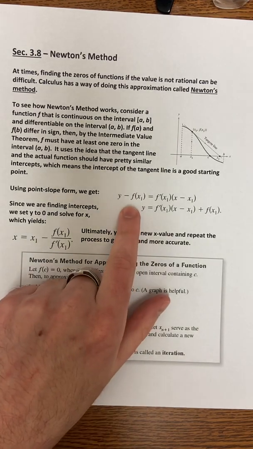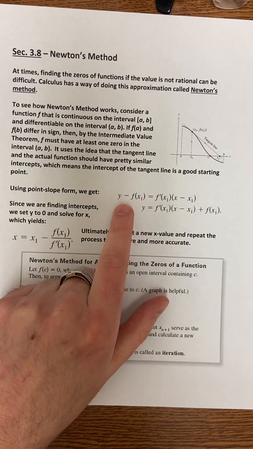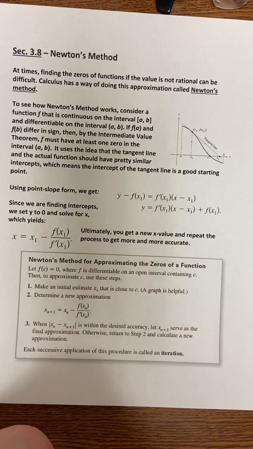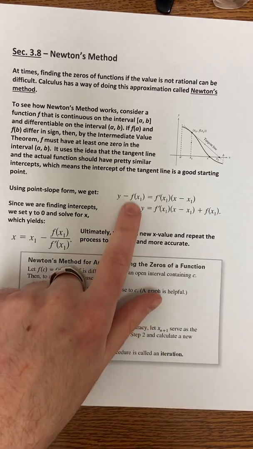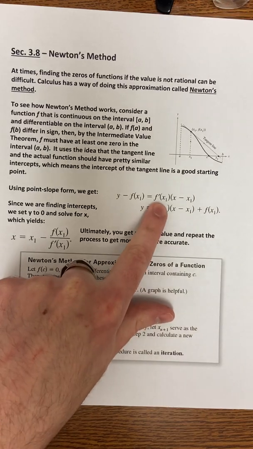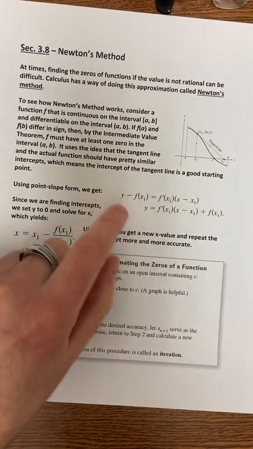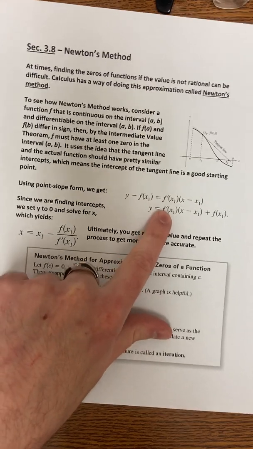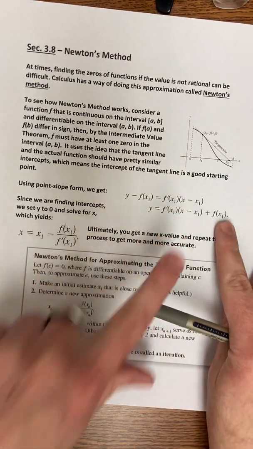Now, point slope form for a line is y minus y1 equals m times x minus x1. We're just replacing y1 with f of x1, and replacing m with the derivative at the particular point, and that gets us y equals the derivative times x minus x1 plus the y value.